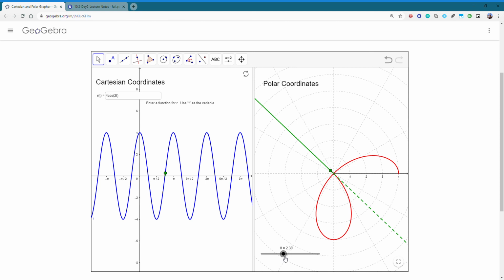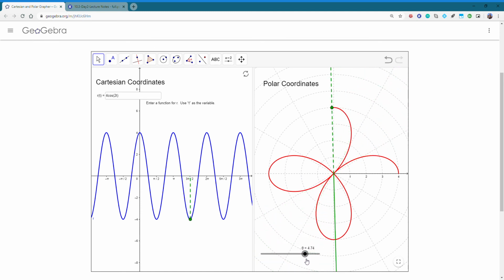And now our r is getting more and more positive until it is 4 at the angle of pi. And I'll just let this continue. Now r is negative, now positive once more, until we end up back where we started, and we would start cycling around again.